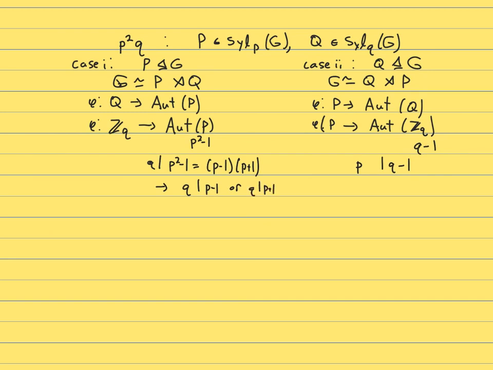So you see very different criteria here, and this starts to tell you some information. On this left-hand case, nothing interesting happens if Q is really big, because if Q is too big, this divisibility can't happen. Whereas over here, nothing happens if P is too big.